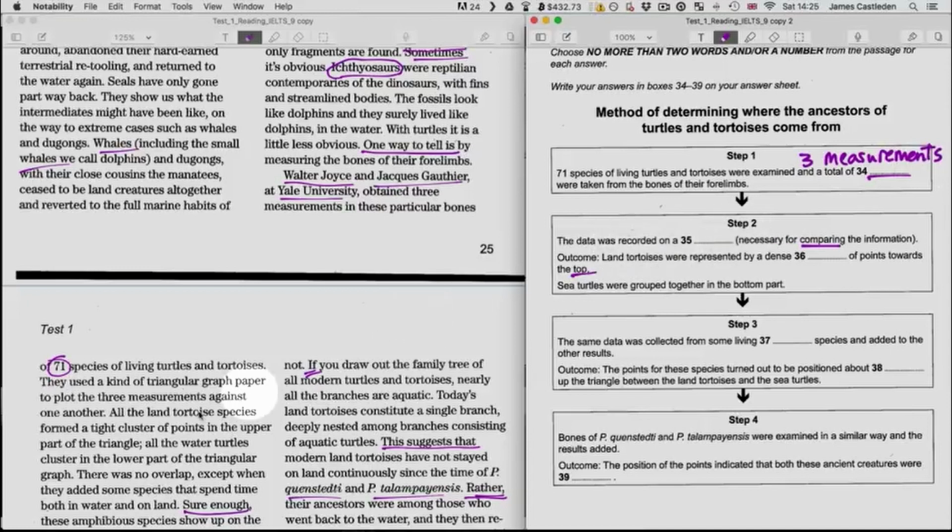Okay, the data was recorded on a graph paper. We've got here, so it can't be paper. A kind of triangular graph paper. Comparing the information. Okay, or maybe a graph paper. See what I can see here. Outcome: the land was represented by dense something that points towards the top.